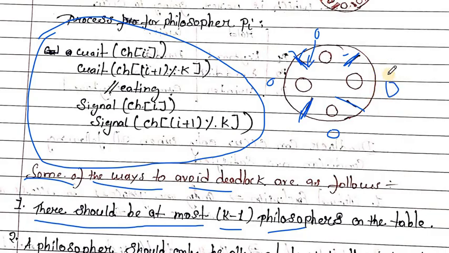The philosopher can pick the chopsticks if both are available, then he can pick them.